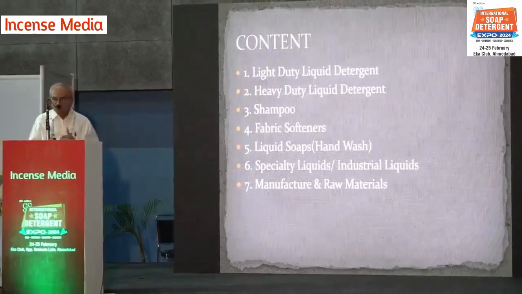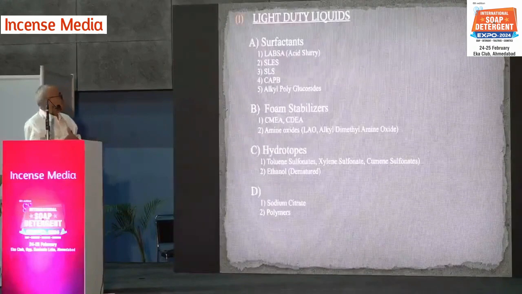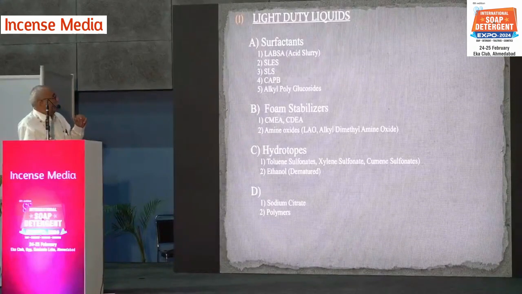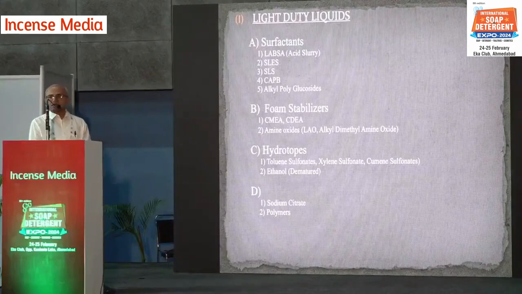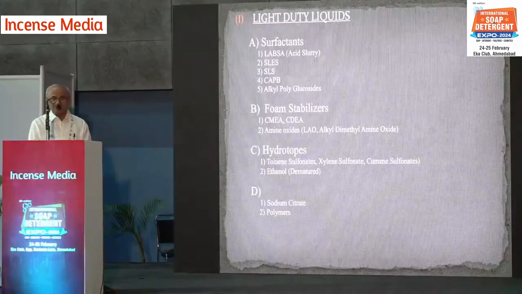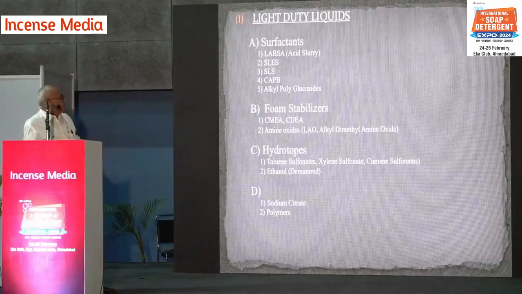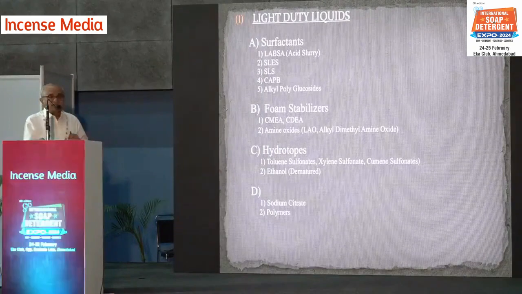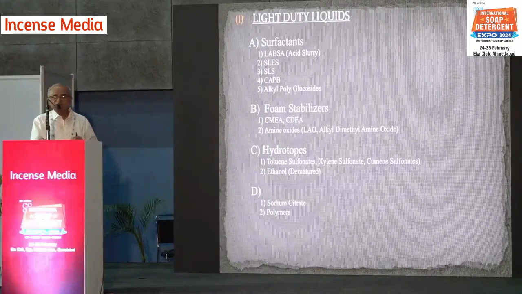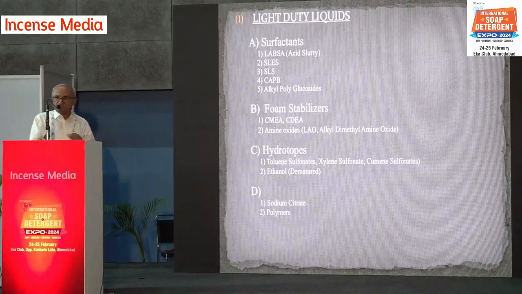Now we'll see the raw materials used in the products. Light liquid detergents consist mainly of dishwash liquid and low quality fabric wash. Raw materials used are acid slurry, SLES, SLS, CAPB, and alkyl polyglucosides.